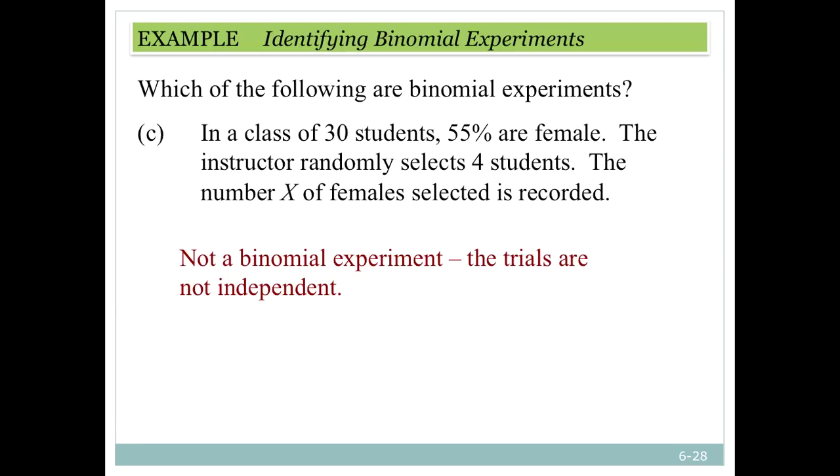Once the instructor selects one student, she's changed the population automatically. So now there are only 29 students left to choose from. So each probability is going to change. Because of that, the trials are not independent. So we cannot say that it's a binomial experiment.